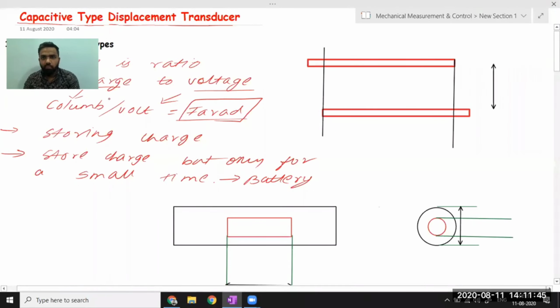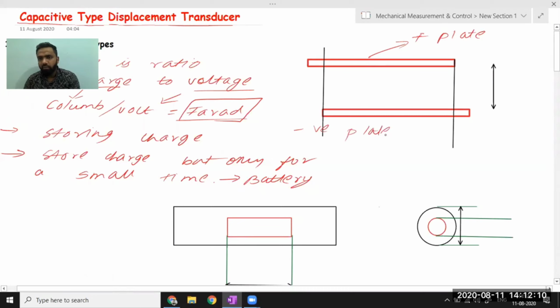So I am going to explain the capacitive type transducer. This is one of my plates. Let this plate be called the positive plate. Suppose this is my second plate, which is the negative plate. This is my capacitor.